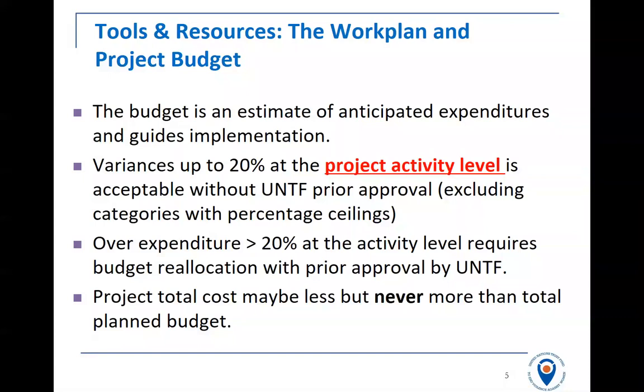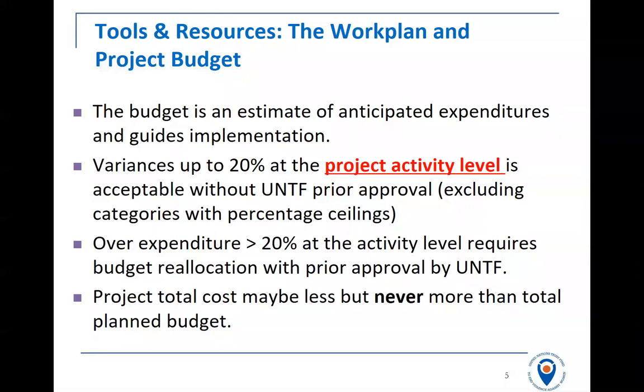Now that's under 20% of that project activity, so you can go ahead and find that $1,000 more from another project activity, as long as that's again 20% or less of the other project activity. So you are allowed to make variances of 20% or less between activity lines.